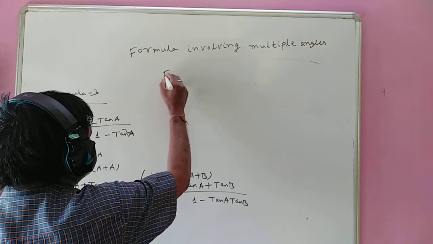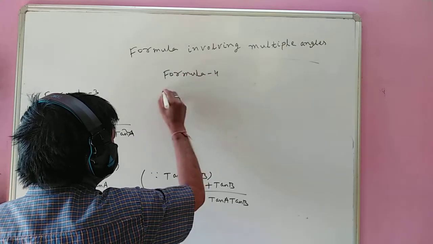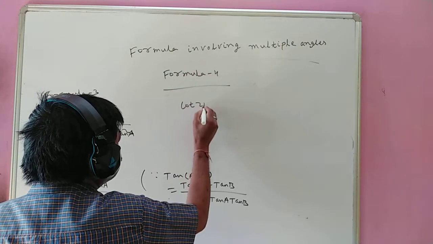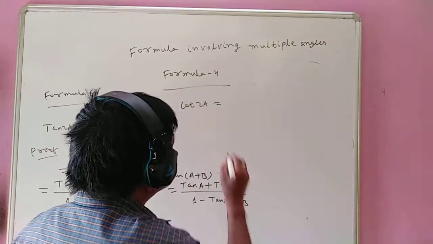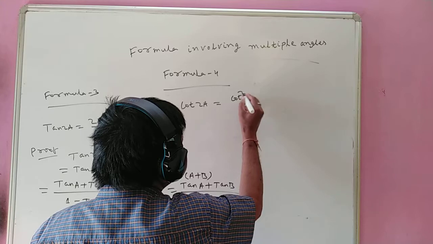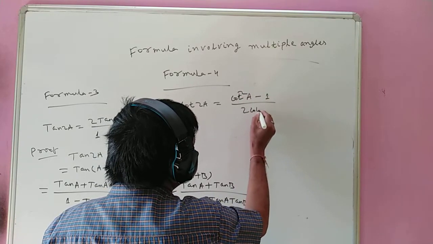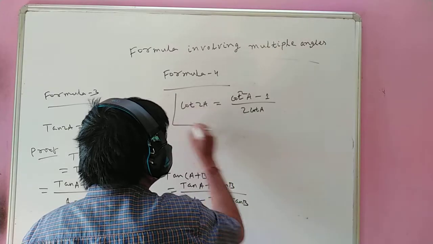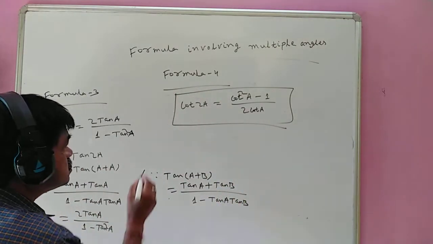Then let us discuss formula 4. Formula 4 is cot 2A. So cot 2A will be cot square A minus 1 divided by 2 cot A. This is the fourth formula. Just like the previous one, you can derive this.